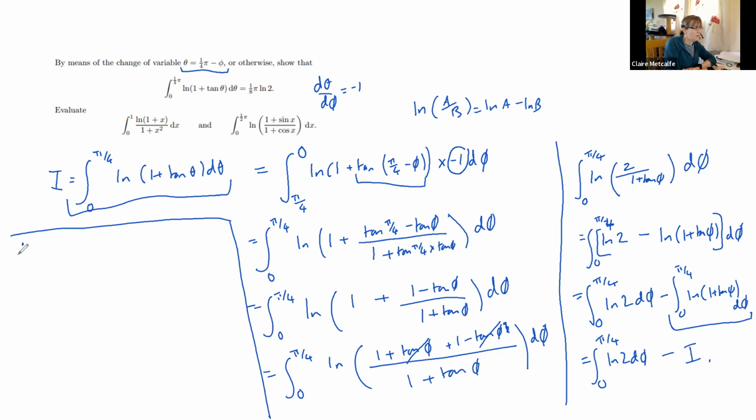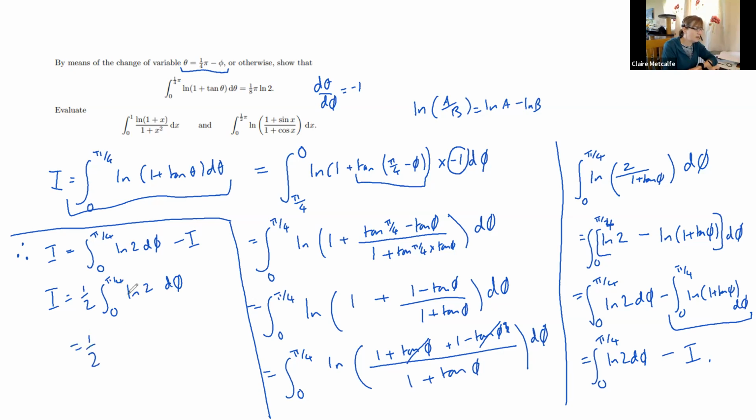So therefore, we have I equals the integral from 0 to pi by 4 of log 2 d phi minus I. So then you can take both of these I's over to the same side. So we get 2I is equal to this integral. So therefore, I is equal to a half of the integral between 0 and pi by 4 of log 2 d phi. So all we need to do now is do that integral.